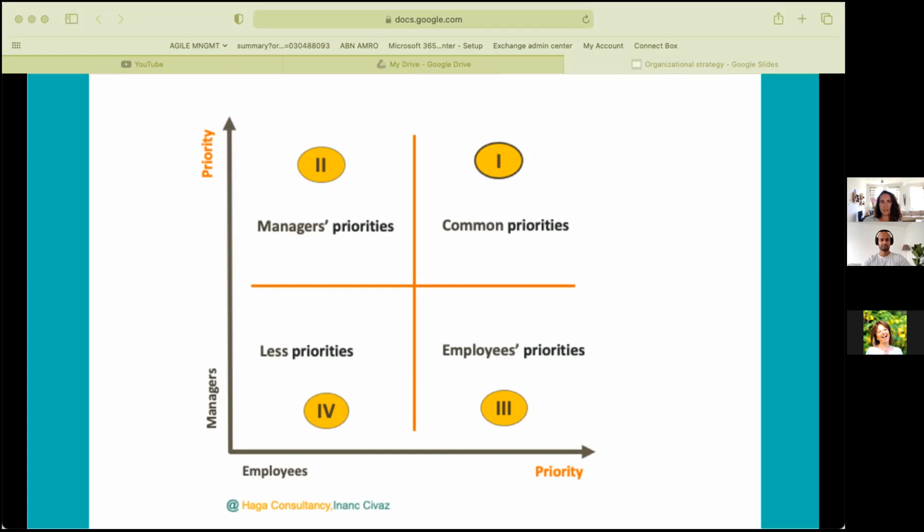Because of that reason, we created this basic but useful tool for transparently linking employees' goals to the business priorities. Here you see on the horizontal axis the priorities of the employees, and on the vertical axis the priorities from the manager's perspective. The aim is to come up with common priorities, which is stated at quadrant 1.